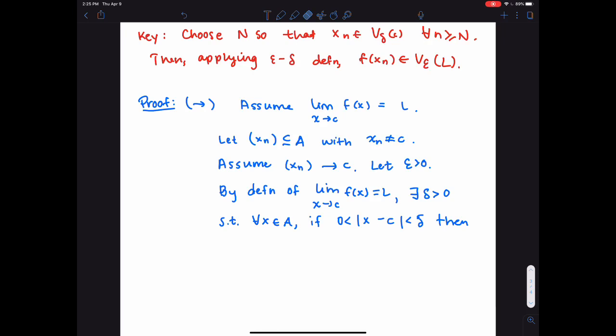We're just saying any x in our domain. Then when I plug that x in, f of x has to be within epsilon of L.